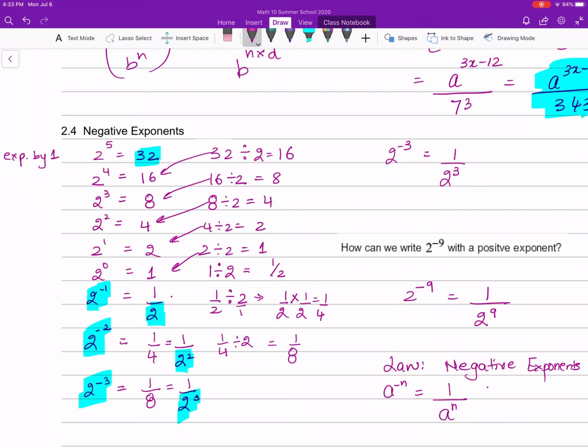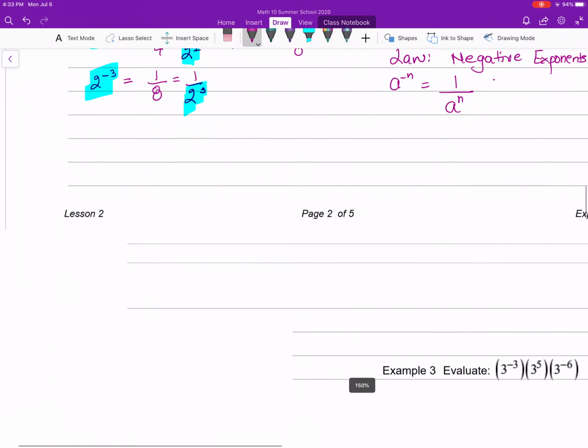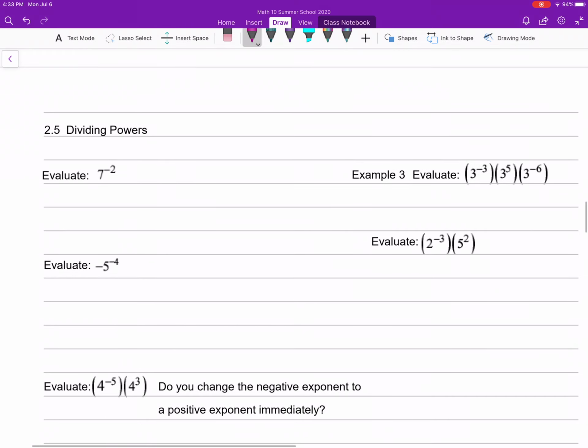Let's work out some examples, practice this concept. Now I have 7 to the power negative 2. In order to make the negative exponent positive, I will do 1 over 7 squared. So this becomes 1 over 49.